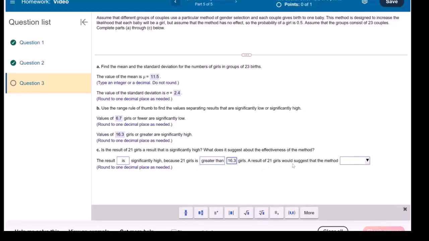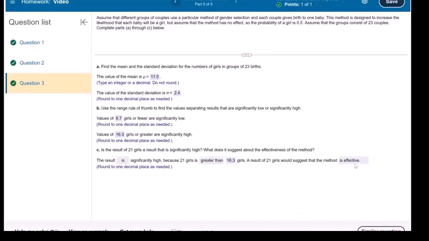A result of 21 girls would suggest that the method is effective because without the treatment, we have a 50% chance of a girl and a 50% chance of a boy. But with this treatment, we're getting significantly higher values. So the treatment is effective.